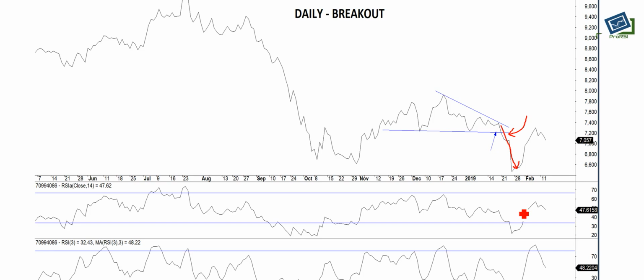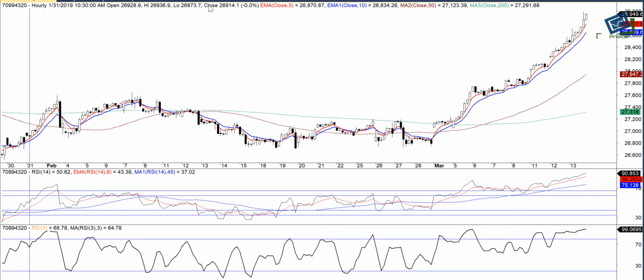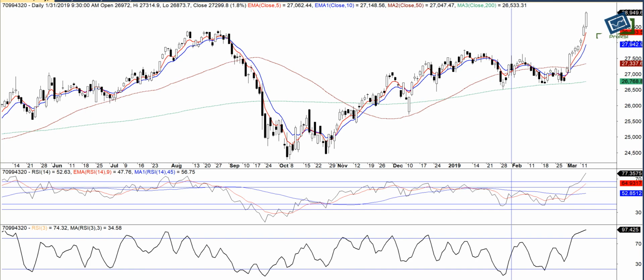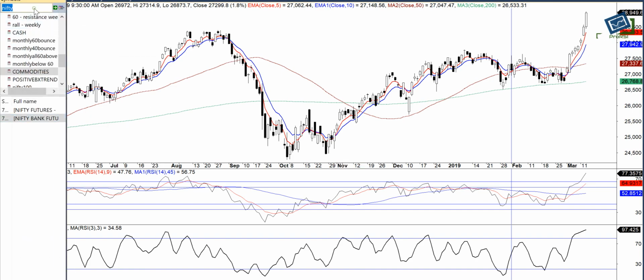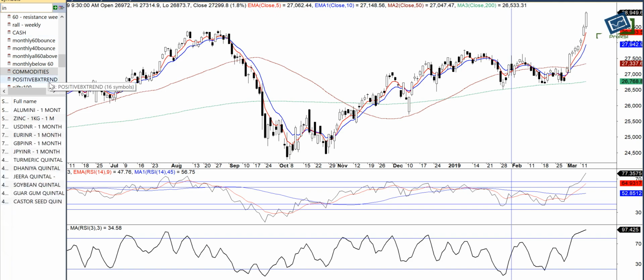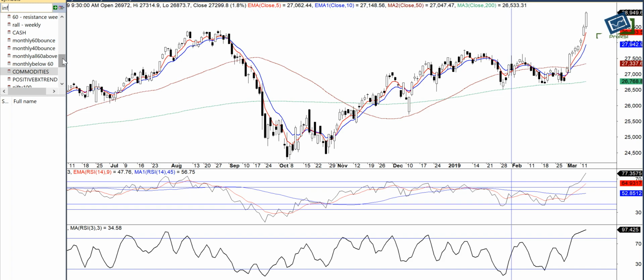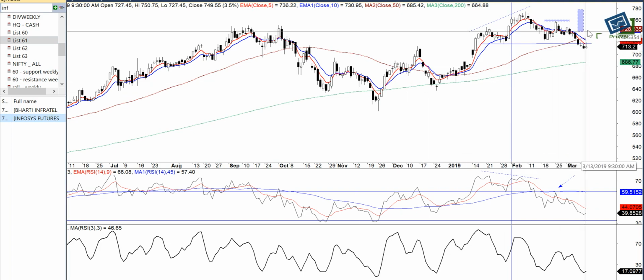Now let us look at some of the stocks that we have discussed before and how they have behaved, right? So if you remember, we have discussed the IT stocks. So what the IT stocks are doing, let us have a look. So we discussed Infosys. This is Infosys futures.